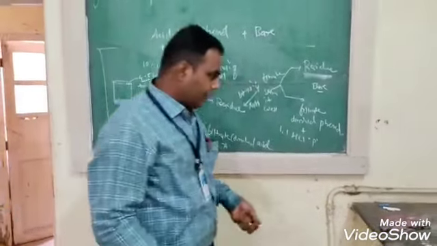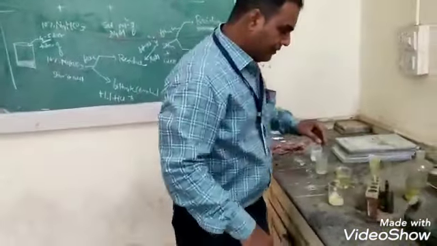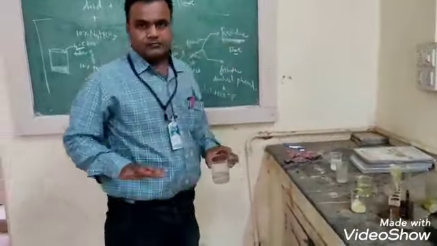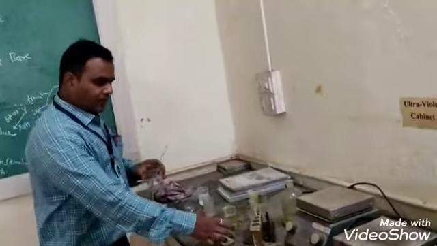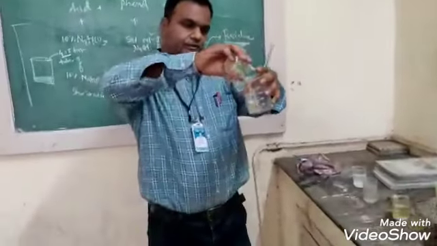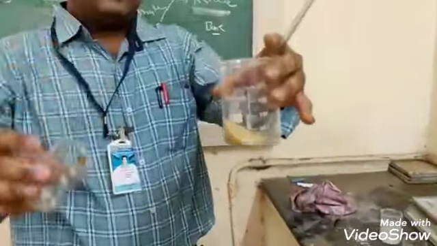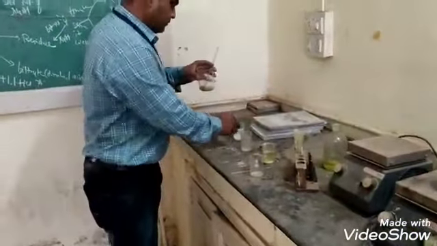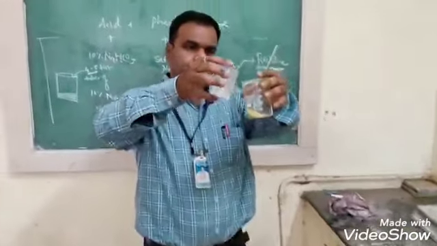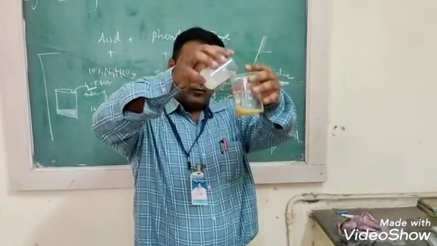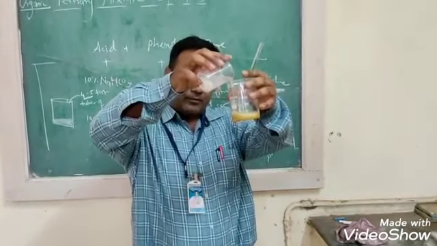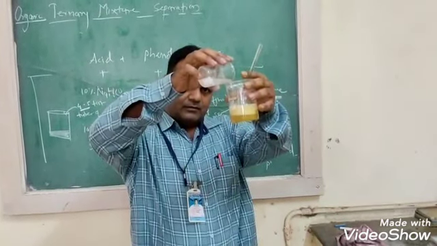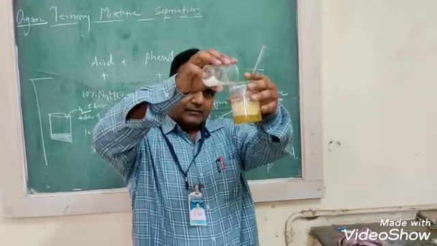Now let us separate this mixture by addition of sodium bicarbonate. Take this whole mixture in a 250 ml beaker and add 4 to 5 test tubes of sodium bicarbonate for dissolution of the given acid.